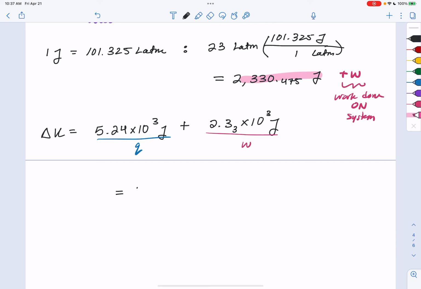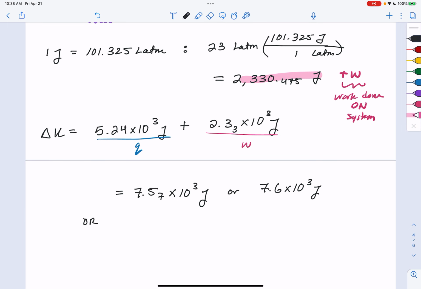So this gives me 7.57 times 10 to the 3 joules, or with rounding, 7.6 times 10 to the 3 joules.